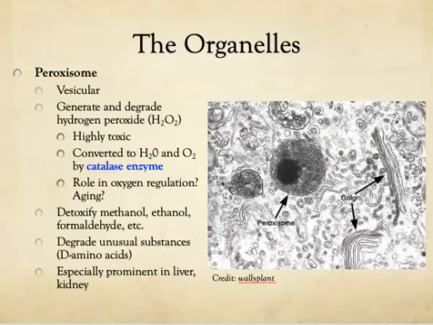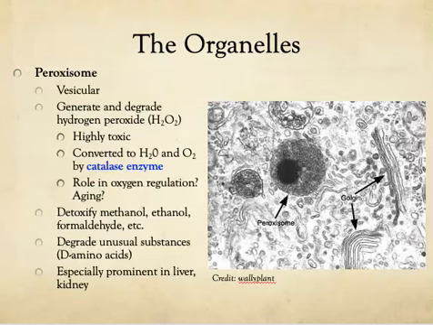Peroxisomes have a similar job to lysosomes in that they are in the business of degrading biological molecules. But peroxisomes are different in that they're going to break apart different materials than what the lysosomes are going to break apart. Peroxisomes are vesicular, as we said, spherical organelles that are surrounded by a single layer of membrane.